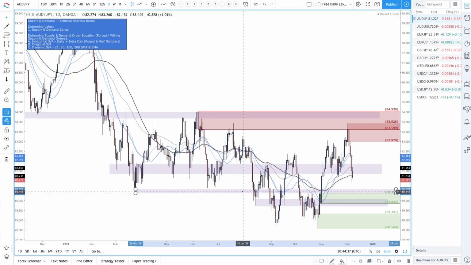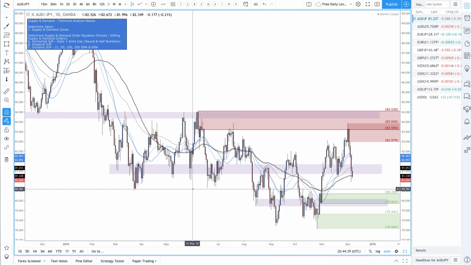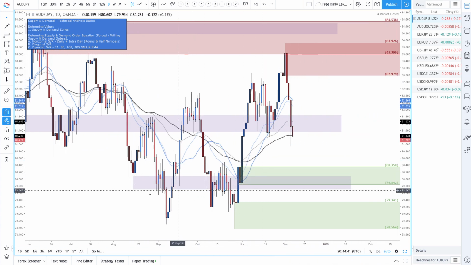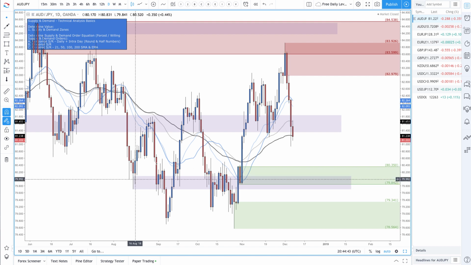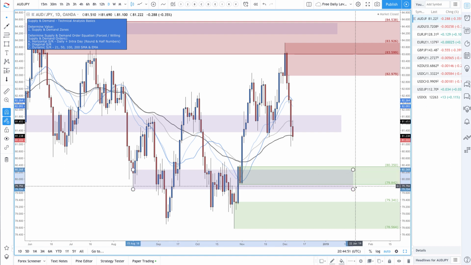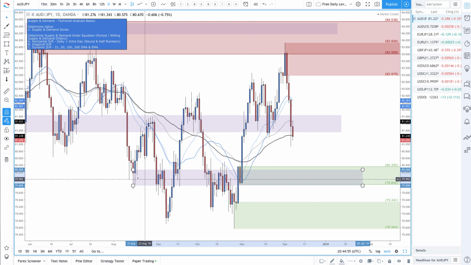I'm going to leave that off for now. More like this one, where you've got support and resistance, support and resistance within this area. It's quite a wide zone, to be fair. Within that demand zone, support, resistance, and now it should turn to support.